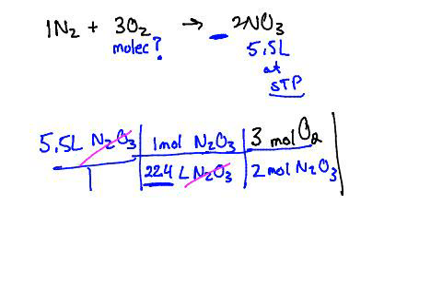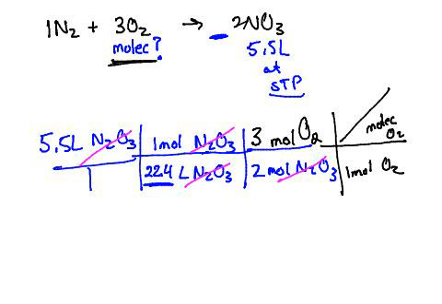Notice I'm changing colors. That's on purpose because now I've moved to my secondary chemical. And now I want to go to molecules. Yes, moles to molecules. Okay, don't forget, 1 mole O2. Molecules are individual particles, therefore we need to use Avogadro's number, 6.02 times 10 to the 23rd.